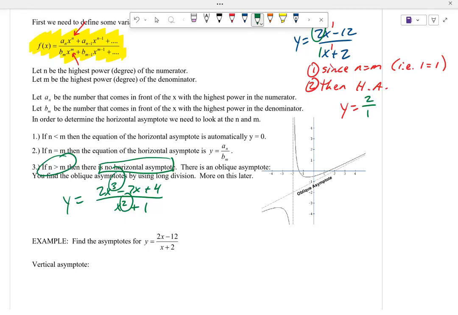And if it's only a difference of 1, so the degree of the top is only 1 more than the bottom, like in this case, x cubed over x squared, then you will have what's called an oblique or slant asymptote. And we're going to do long division to do that. We'll do that later. Okay?